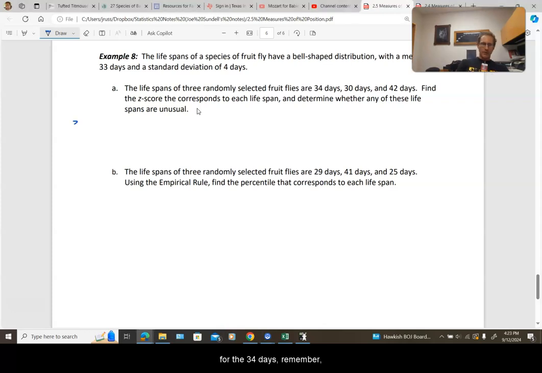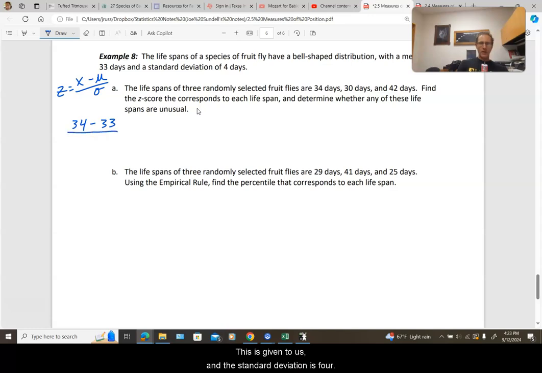Okay, so for the 34 days, remember again, to find the z-score, it's the actual data value minus the mean divided by the standard deviation. So 34 minus the mean, which is 33 days. Okay, this is given to us. And the standard deviation is 4, so this is going to end up being 1/4, which is 0.25.